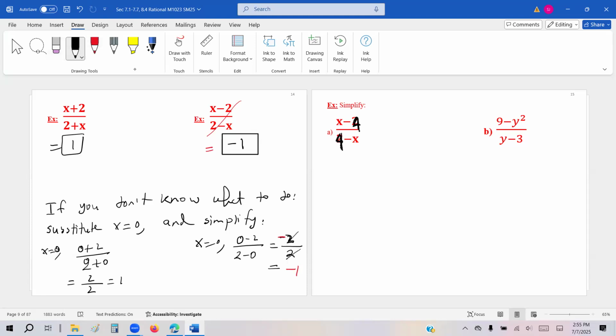Kayla, what do you have for A? We have x minus 4 divided by 4 minus x. You're confused, no problem. When you're confused, what suggestion do I give you? Substitute x with 0. So if you substitute x with 0, you have 0 minus 4 over 4 minus 0.